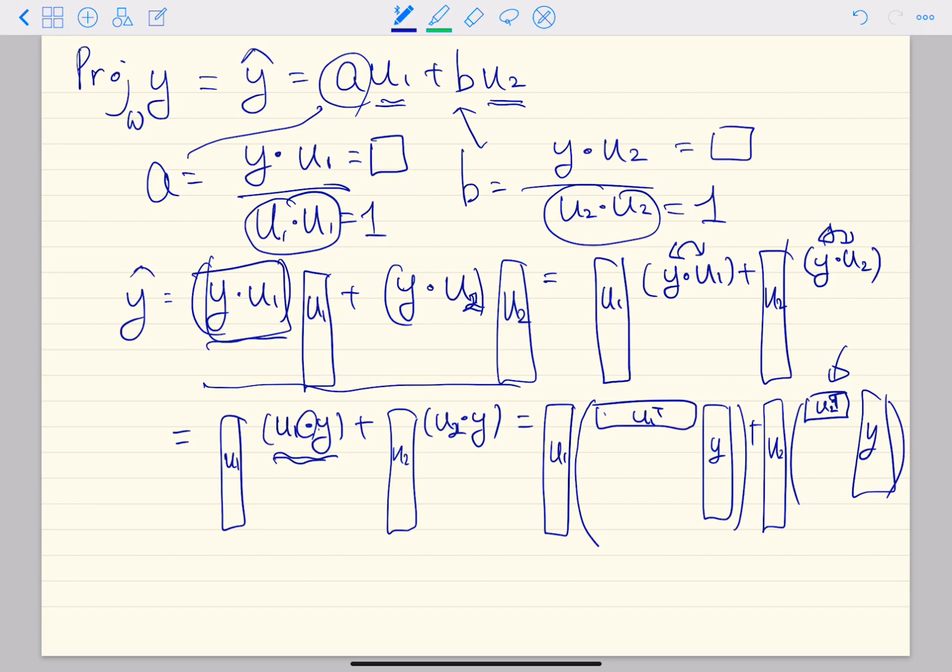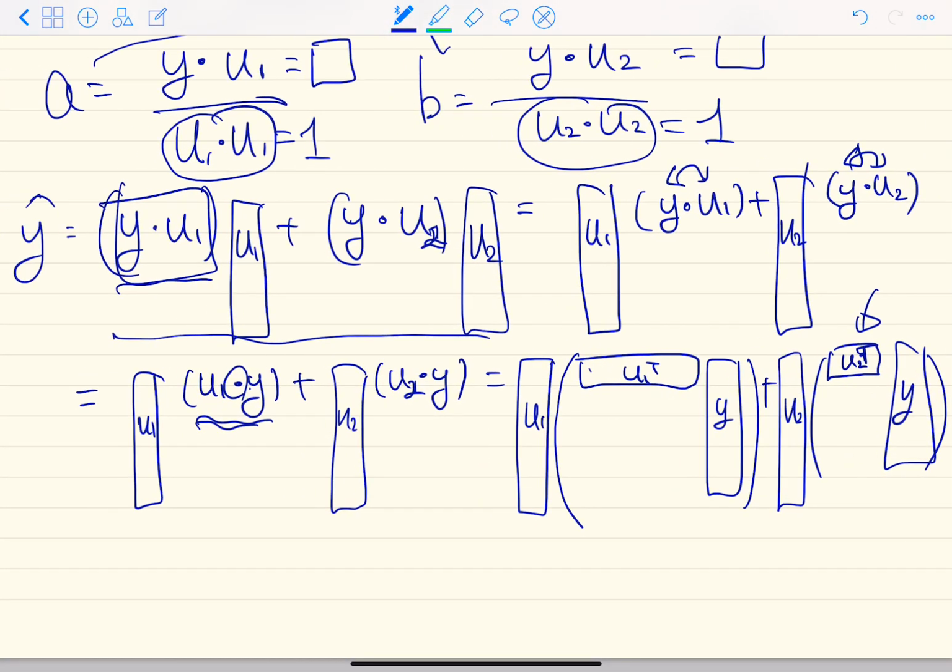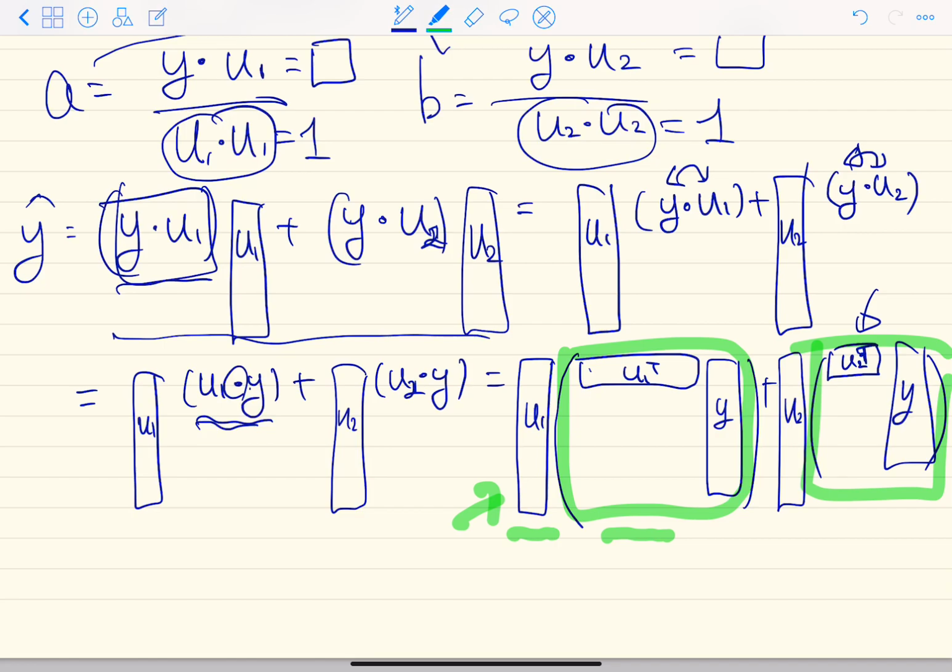This vector length should be the same, right? So this part will form a scalar. But when looking at this, we have a vector, which is a special case of a matrix, and also another matrix, which is a row vector, and also the column vector, right?